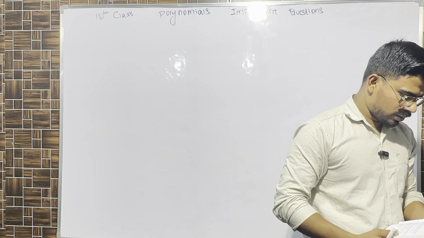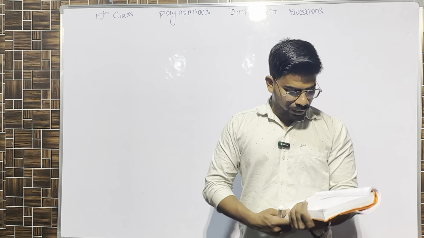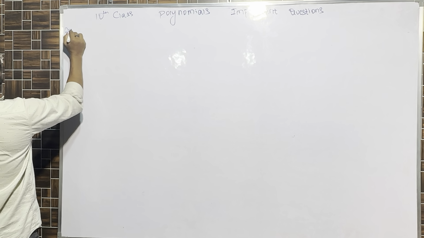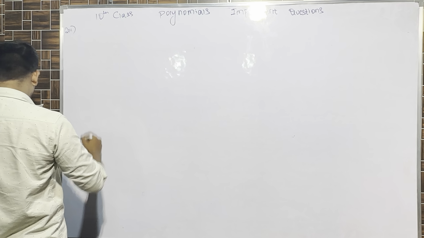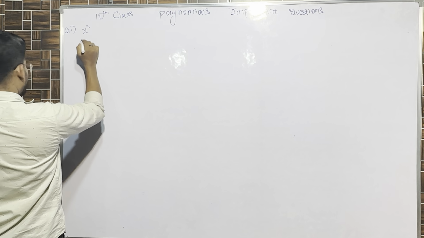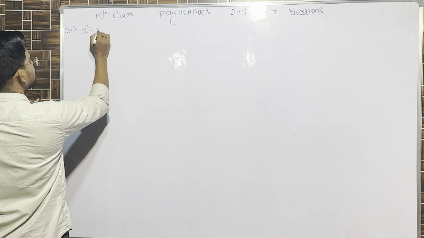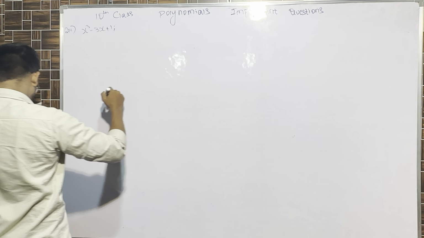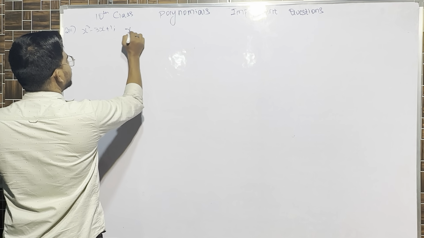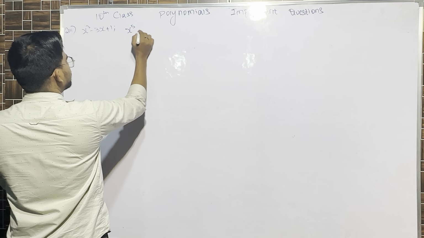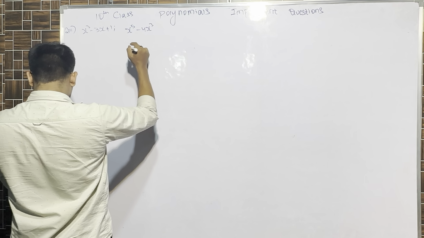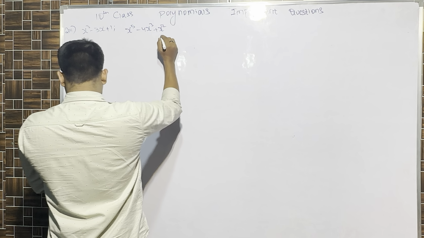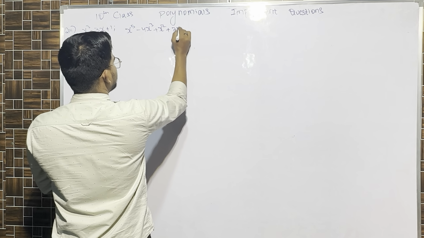I'll make you do one equation. We'll solve the third bit from the second question. The first polynomial given is x cube minus 3x plus 1. The second polynomial is x power 5 minus 4x cube plus x square plus 3x plus 1.